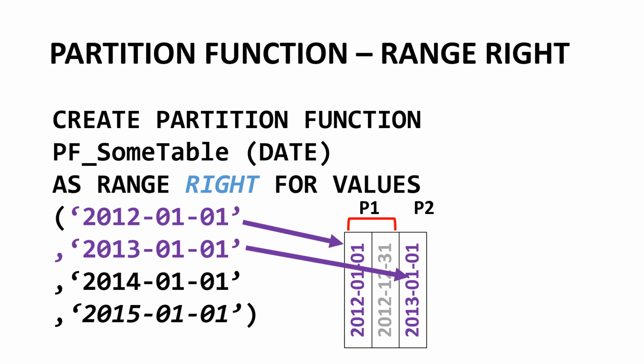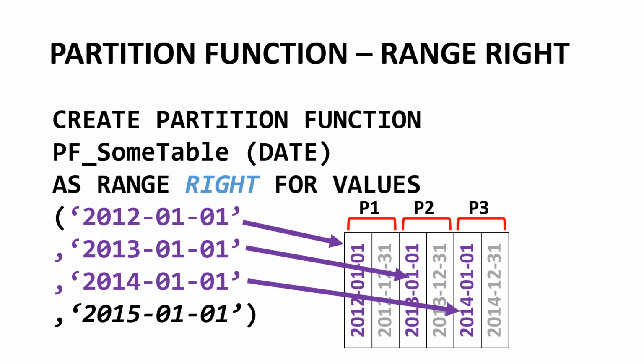So if you say P1 starts at January 1st, 2012, and P2 starts at January 1st, 2013, then you're saying that the maximum value that can go into partition 1 is December 31st, 2012. That's how it works. So you don't define every value, you just define points that allow the engine to slice and dice your data. So just to see it through further, the explicit and implicit values would look like this.